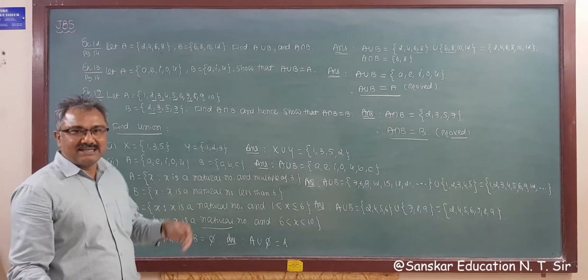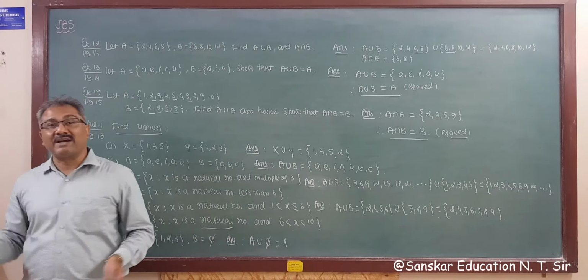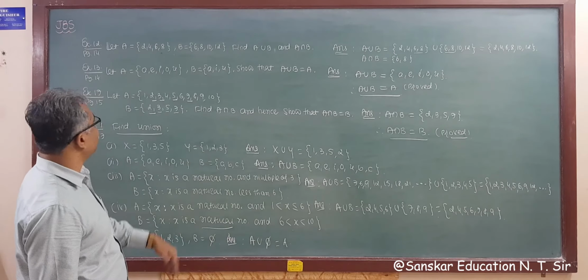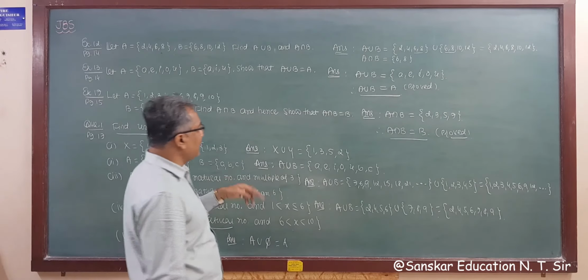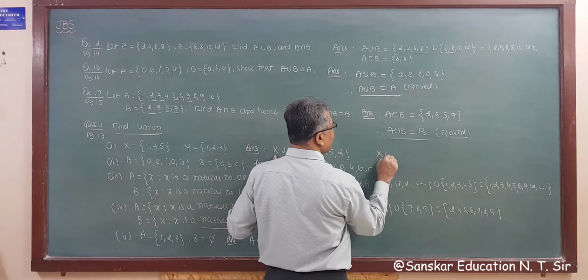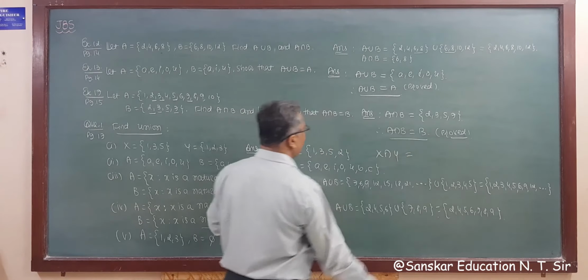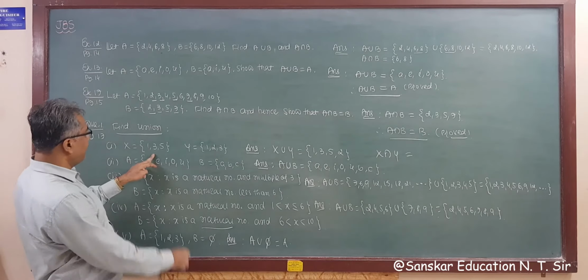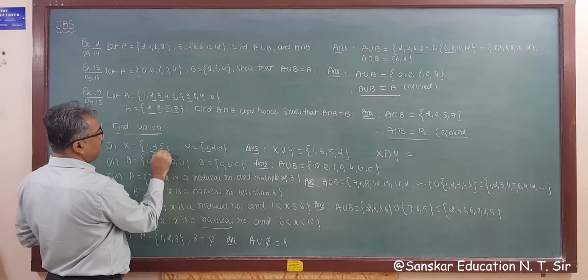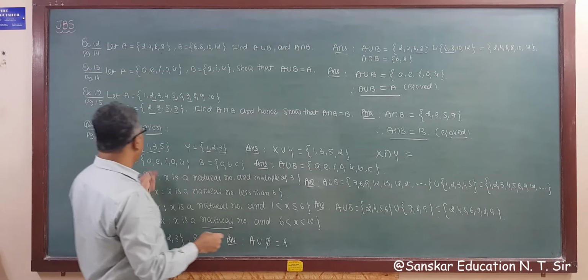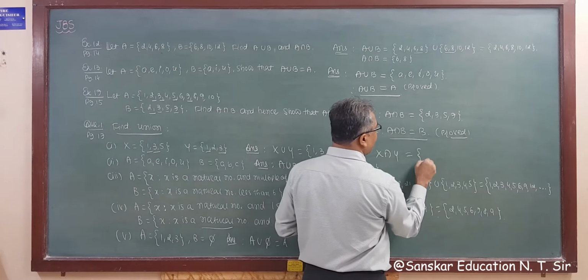It's very easy. Now suppose you want to find the intersection in all these examples. From question 1, X intersection Y: which elements are common? 1 and 1, then 3 and 3; 5 is not there. So the answer is 1, 3.